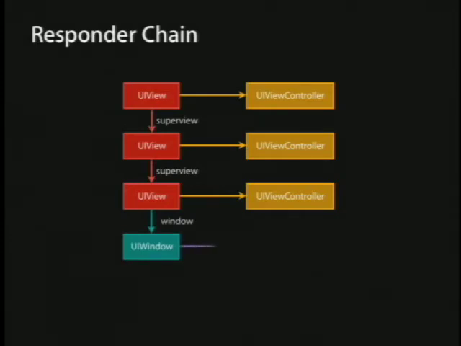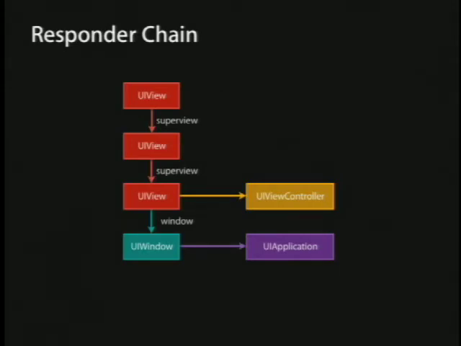And if the window doesn't do it, finally the application gets to do it. This is pretty rare. I don't know that I've ever seen a real app that tries to do it this way. But for consistency's sake, it does actually flow all the way up the responder chain to the application. In most cases, only the root view in the window has a view controller associated with it. So this is more typical of what the responder chain looks like.